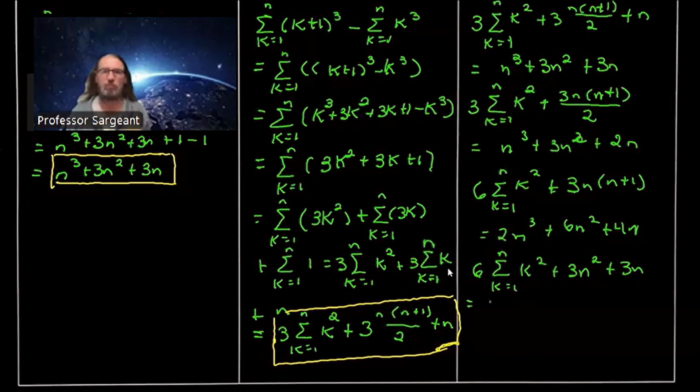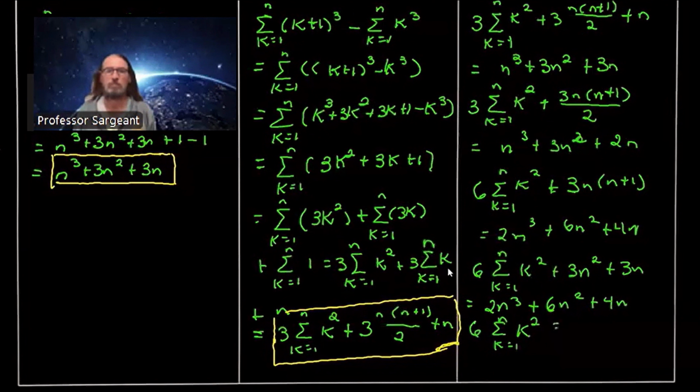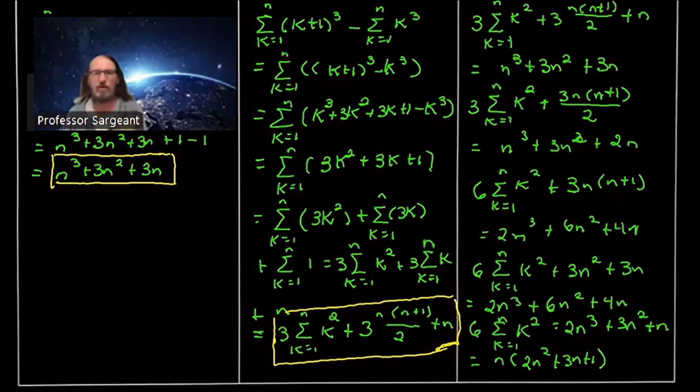We'll be able to subtract 3n squared and 3n from both sides. On the right-hand side, I factored out the common factor of n.